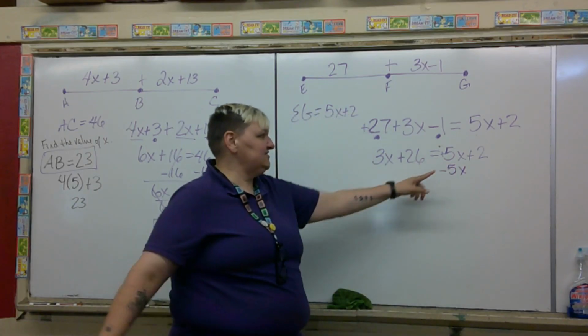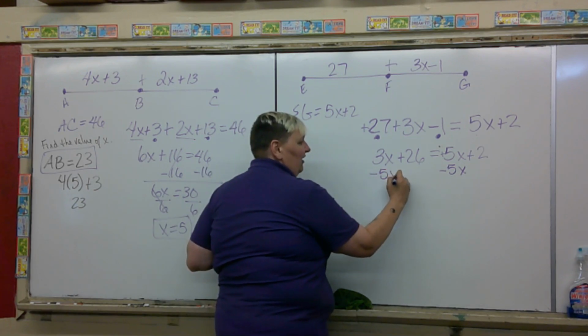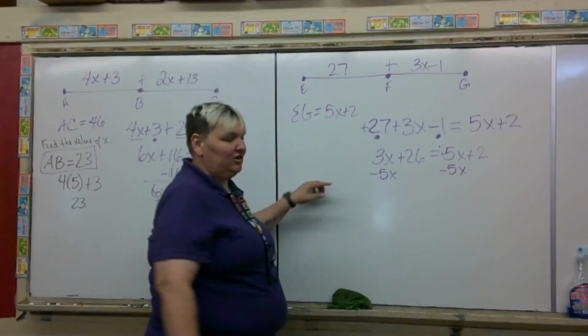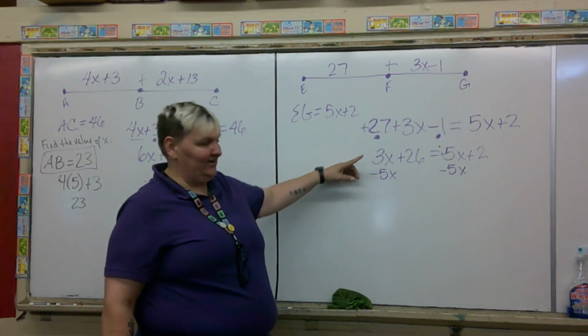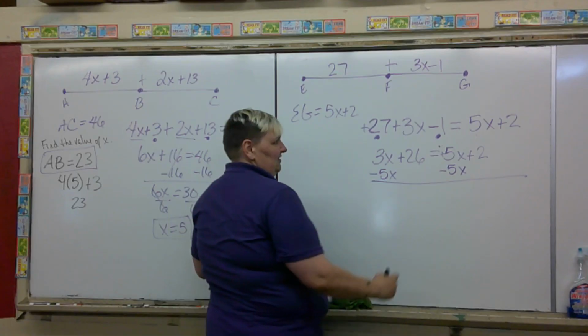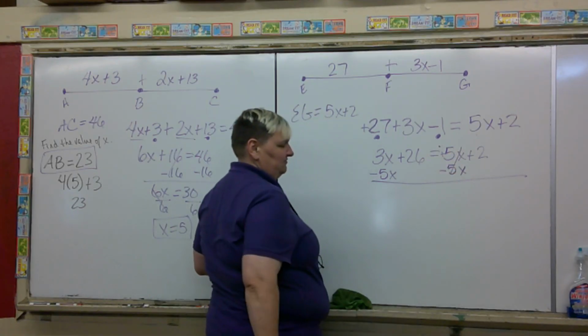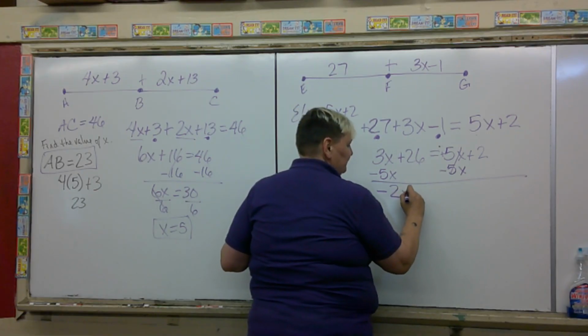But what you do to this side, you have to do to this side. I'm going to line up like terms. I'm putting it under the 3x because they both have the variable x. These will cancel. 3x minus 5x is a negative 2x.